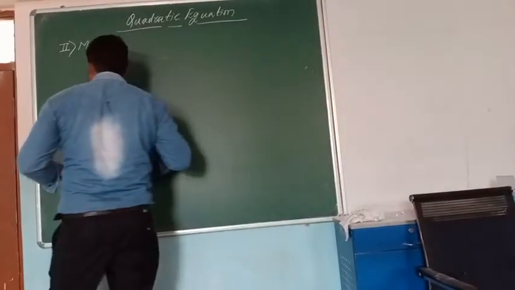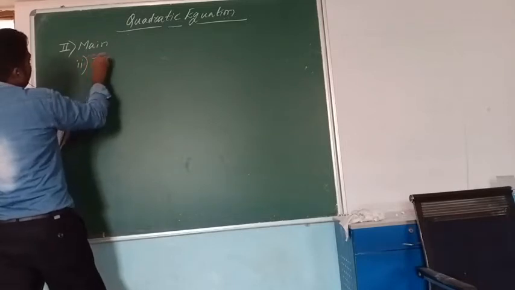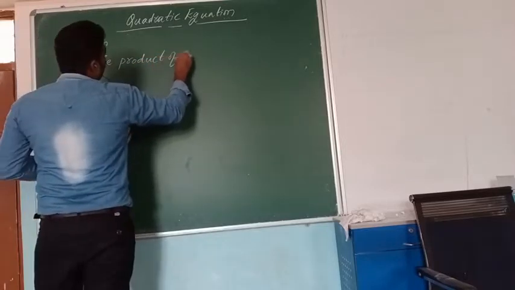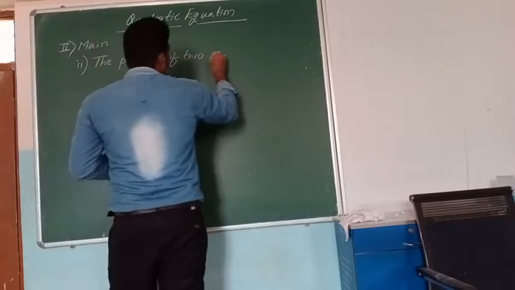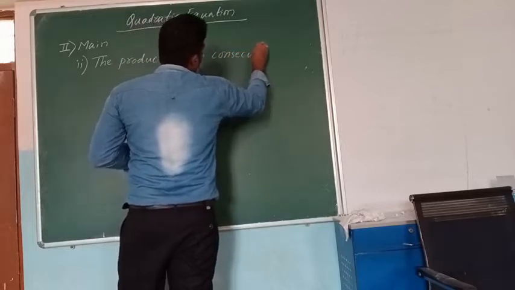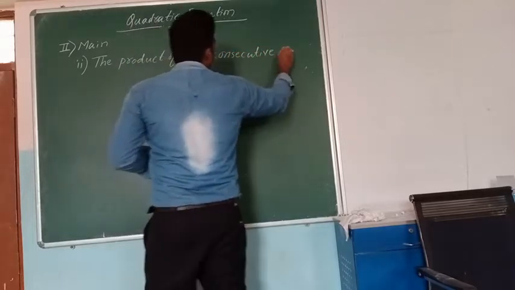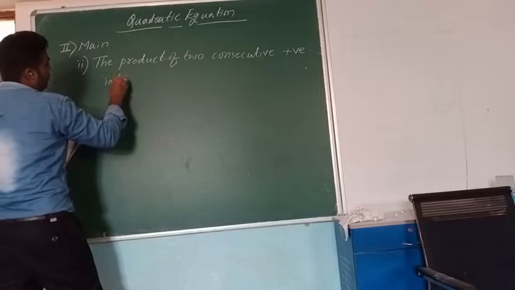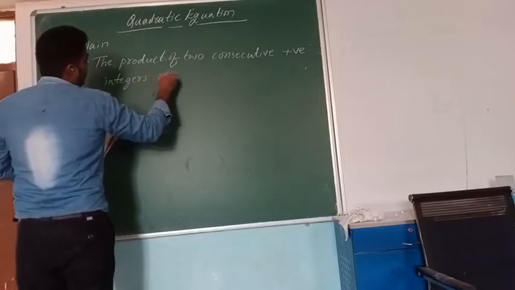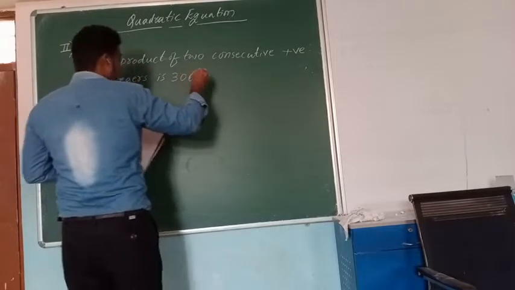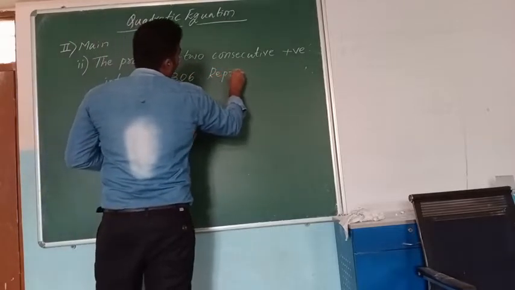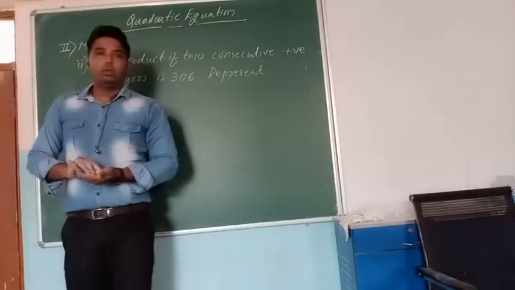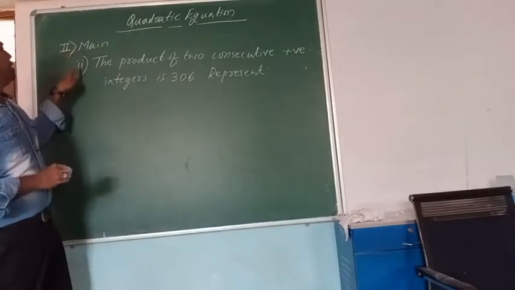The product of two consecutive positive integers is 306, and again we have to represent it in the form of a quadratic equation. Let us solve this also. You can observe the question is of this type. This is the second question.